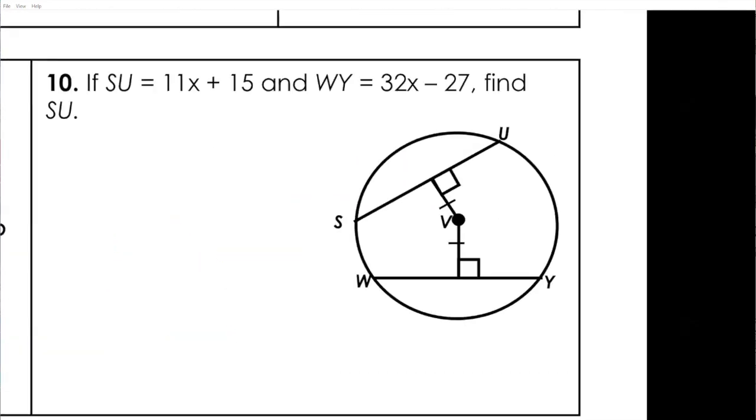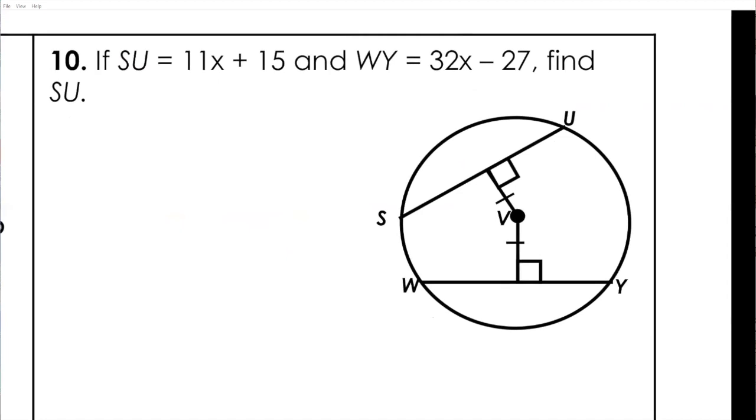Our last one, hopefully it's a little bit nicer to us. 11x plus 15. And then WY is 32x minus 27. What do we know in this problem? Why are the chords congruent?